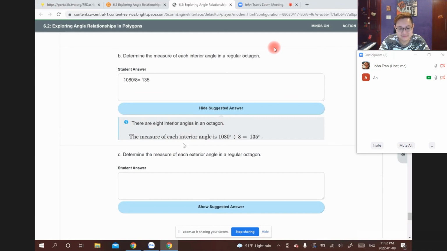Determine the measure of each exterior angle in a regular octagon.